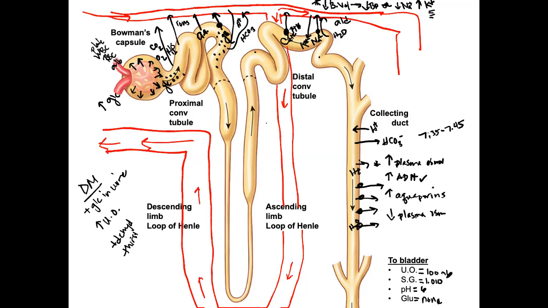So we call this 1010, right? Or 1.010 is actually the proper way to say it. But in nursing or in the ICU, you're going to say 1010 or 1030 to denote the specific gravity. So the units is units of gravity.